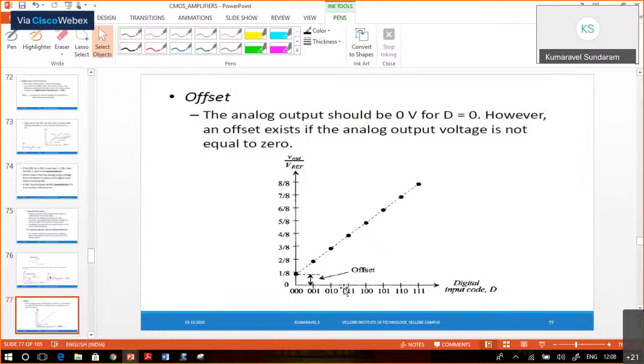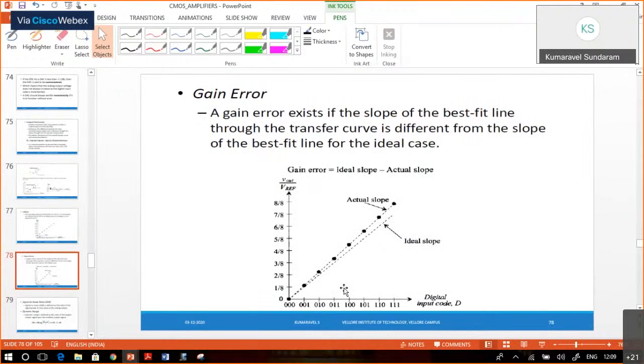Similarly, gain error: a gain error exists if the slope of the best fit line through the transfer curve is different. So if there is a difference between the ideal slope and the actual slope, it is termed as gain error. These are the performance metrics used to evaluate the DAC.